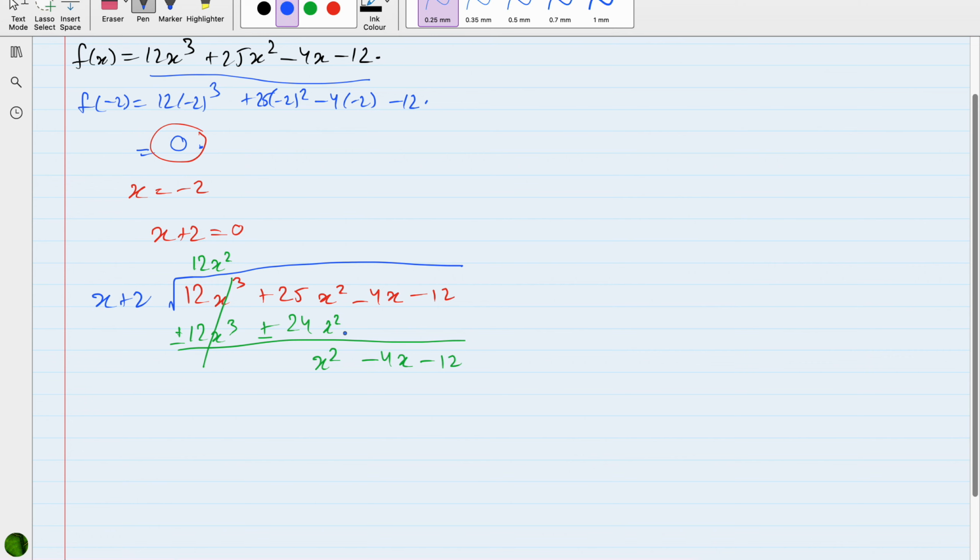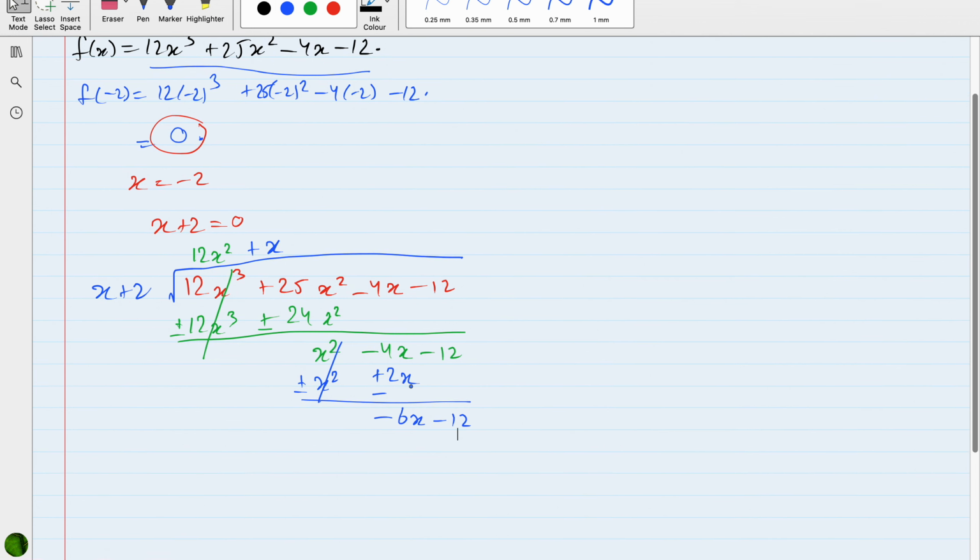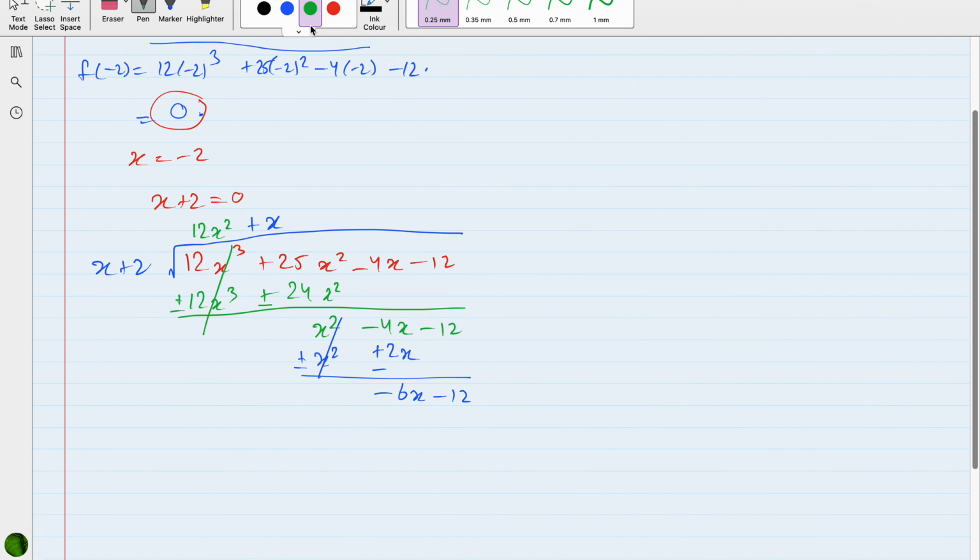Second step, to get x square we multiply it with x. This is x square, 2 into x is plus 2x. Change the signs and we add them. Last step, to get negative 6x we multiply it with minus 6.